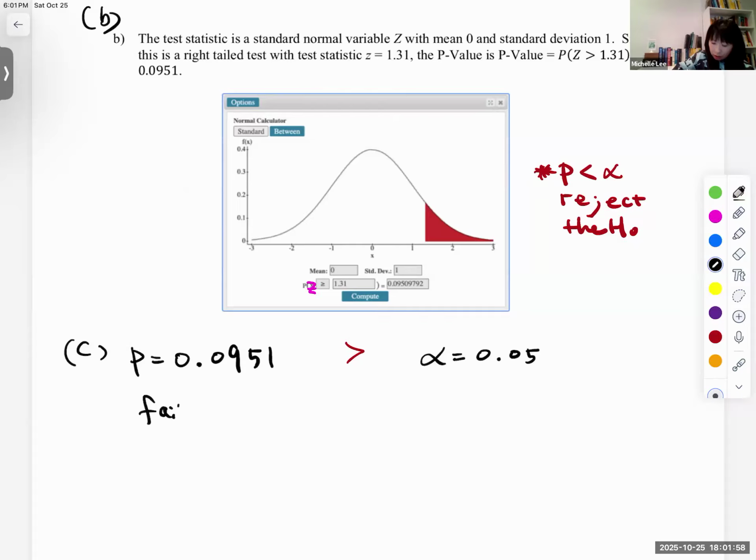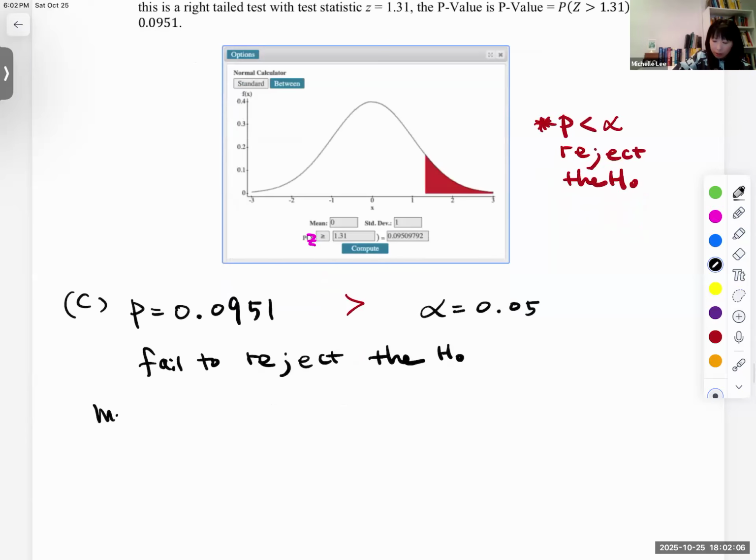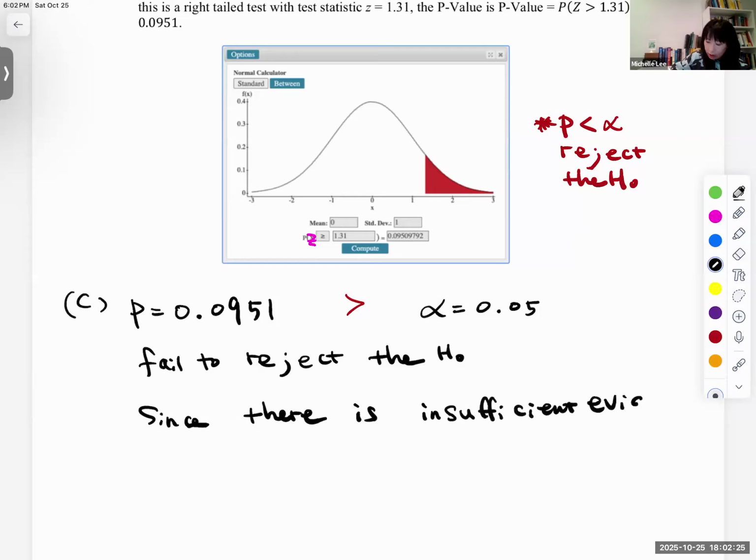So fail to reject the null hypothesis test. Why? Because there is insufficient evidence to support the alternative hypothesis test.